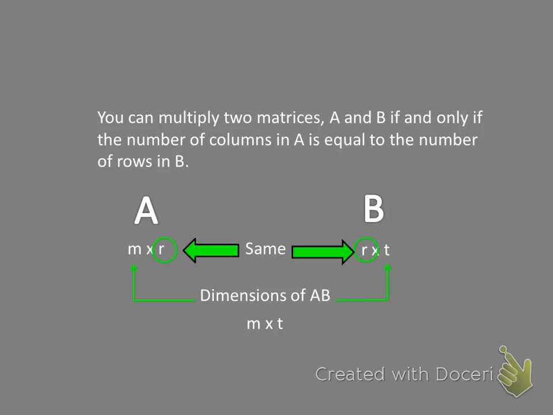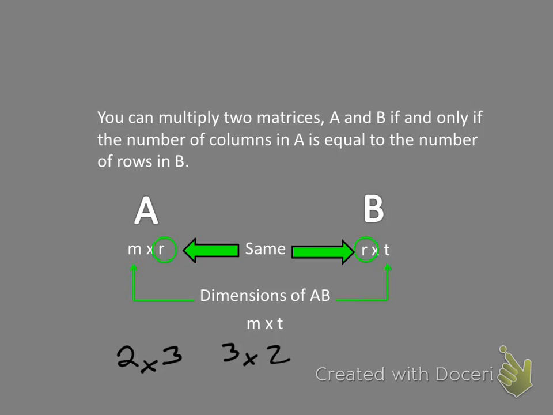So, for example, matrix A could be a 2 by 3, 2 rows, 3 columns. Matrix B could be a 3 by 2, 3 rows, 2 columns. Inside numbers are the same, so you can multiply these together.